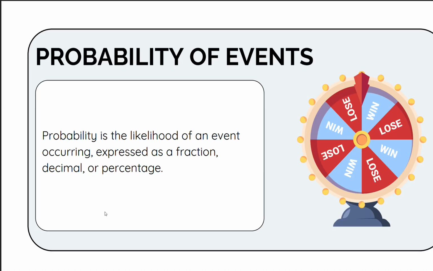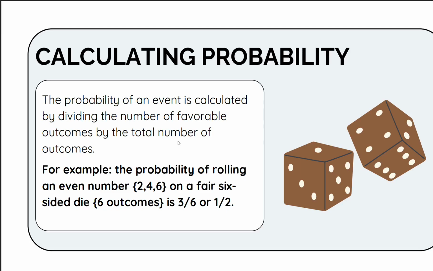Probability of an event. Probability is the likelihood of an event occurring, expressed as a fraction, decimal, or percentage. Calculating probability: the probability of an event is calculated by dividing the number of favorable outcomes by the total number of outcomes.